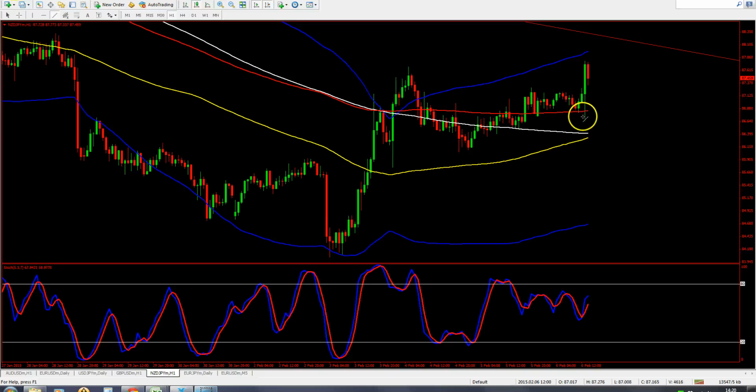So that's a low point and that's a low point, so we can actually draw two trend lines in. This one which was clearly broken, but the price still continued on upwards, and we have the other potential one here. Okay, so that's our possible trend lines to trade from on the hourly.